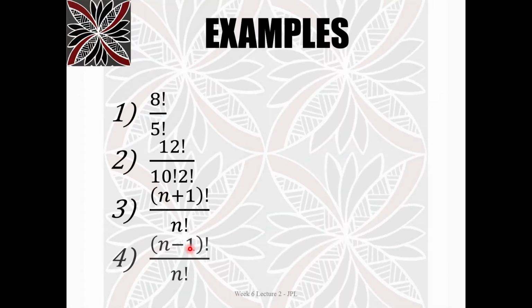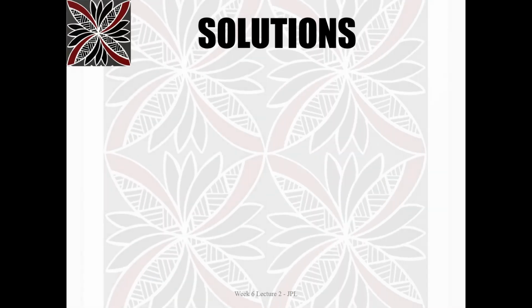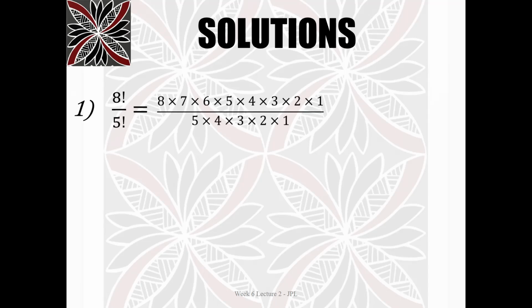Let's do some simplification of factorials. 8 factorial divided by 5 factorial. Solution: you can either expand everything out and then cancel the common ones, and you're left with 8 times 7 times 6, which gives you 336.